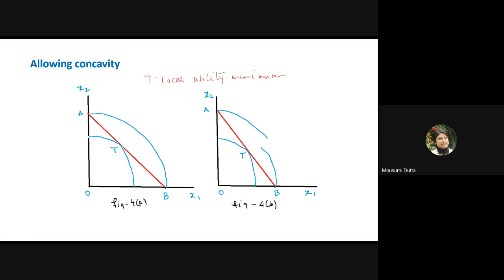Case 3, the third case: relaxing the axiom of dominance.